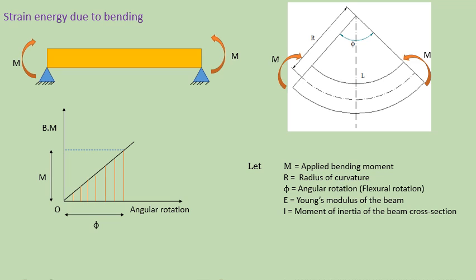So let us consider capital M as the applied bending moment, R is the radius of curvature, and phi is the angular rotation. Sometimes we call this flexural rotation, and E is the Young's modulus of the beam material. I is the moment of inertia of the beam cross section. We know that work done is nothing but the area under the load extension diagram.